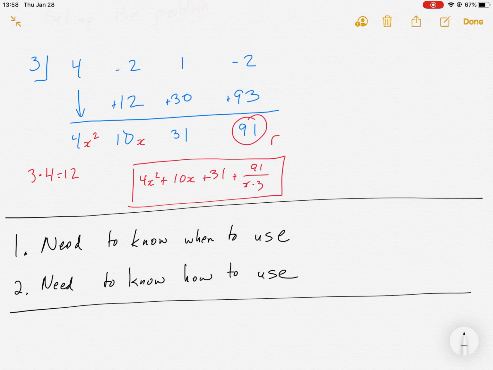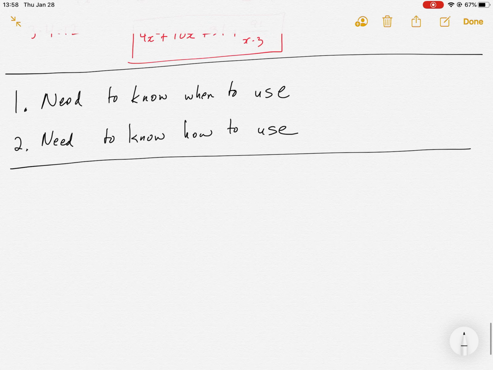So just as another quick example, let's go ahead and do, let's say 2x cubed minus 7x plus 2 divided by x plus 2.